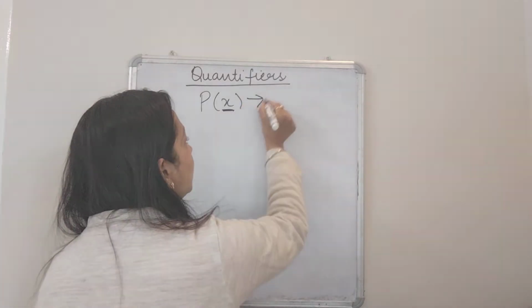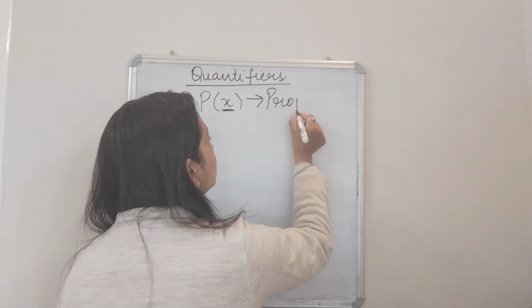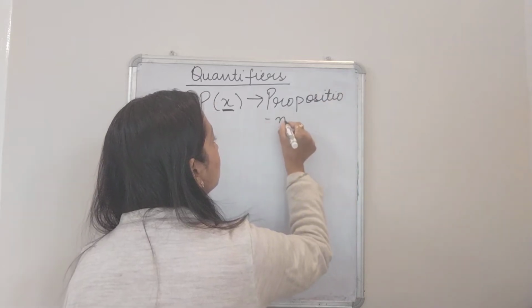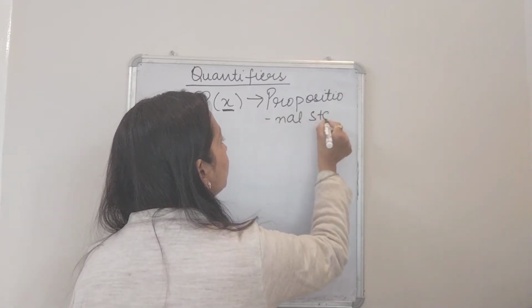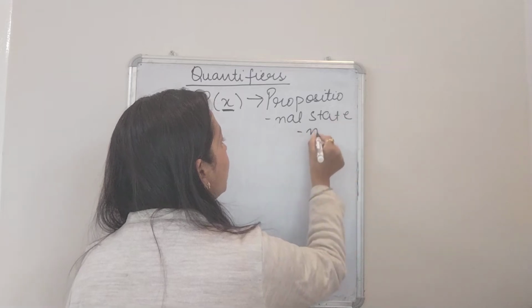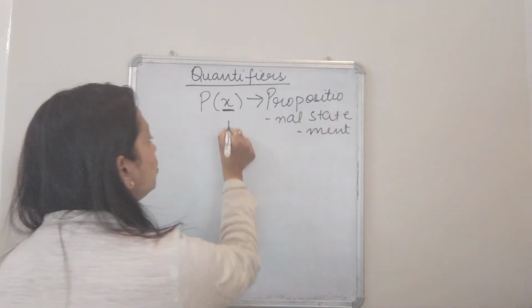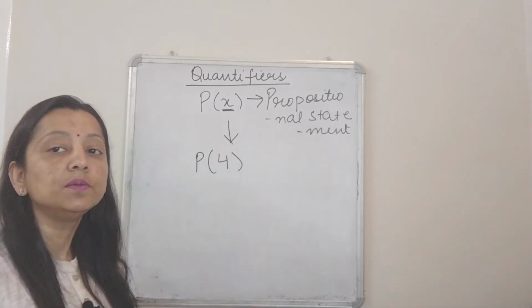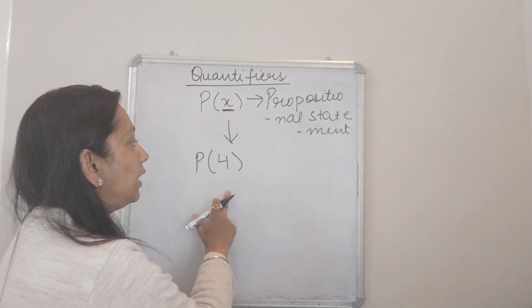So if P(x) is a propositional statement, then it can be converted into a proposition by assigning a value to the variable x. Here x is assigned the value 4.